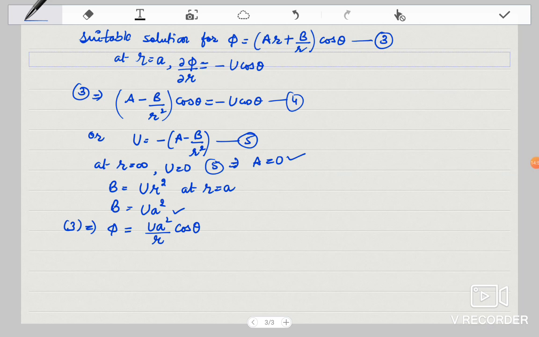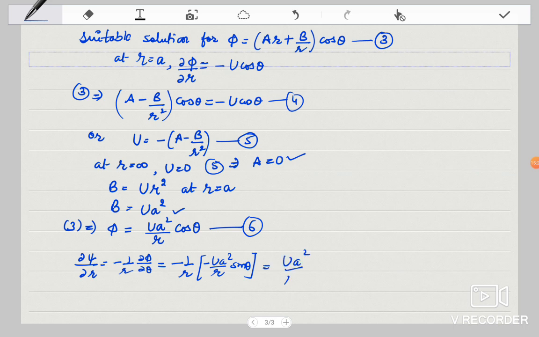Similarly, with the relation between phi and psi, which is delta psi delta r is equal to minus 1 upon r delta phi delta theta, use this value 6 and get minus 1 upon r times minus u a square upon r sin theta, that is u a square upon r square sin theta.